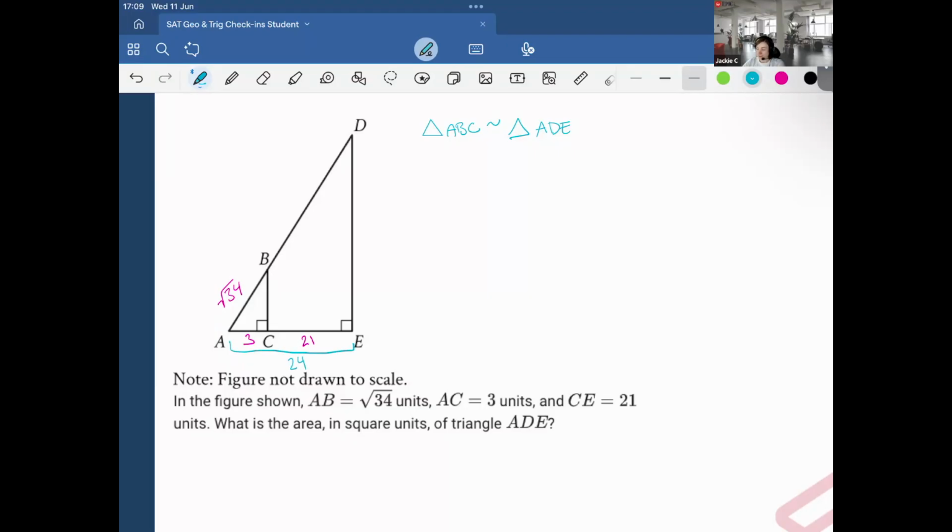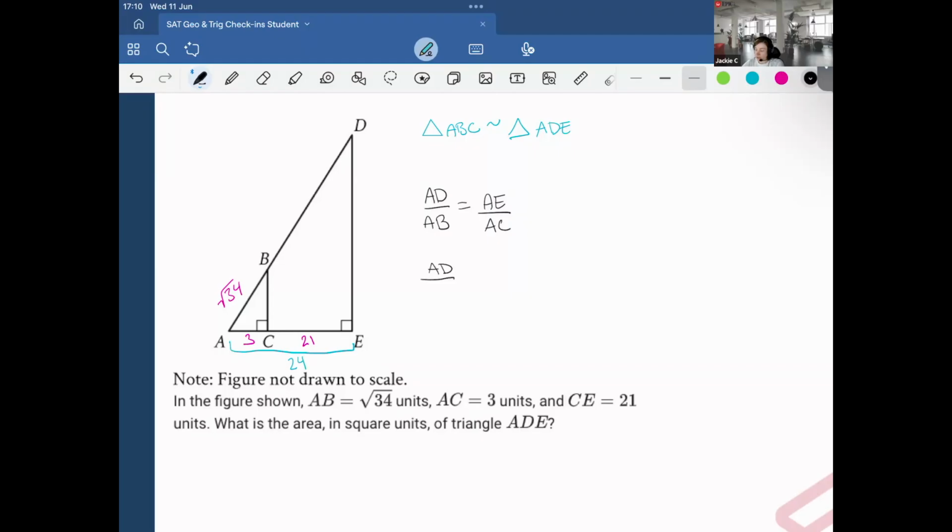Just to show the whole side proportion setup and relationship, AD is similar to AB, so the two hypotenuses, and AE, the whole base of the large triangle, is similar to AC. And then I have all that information.